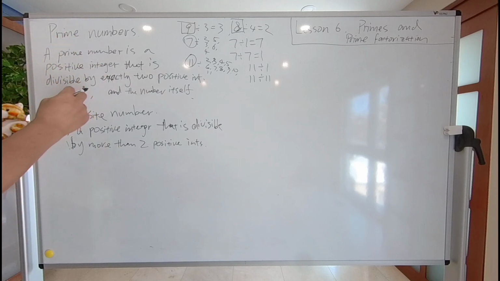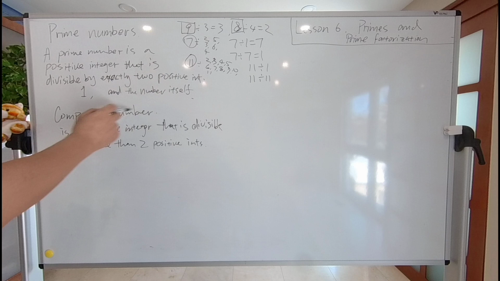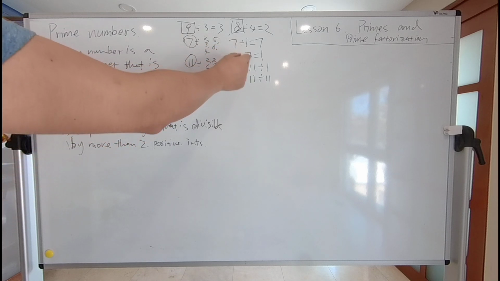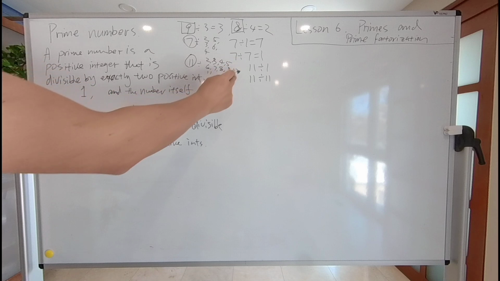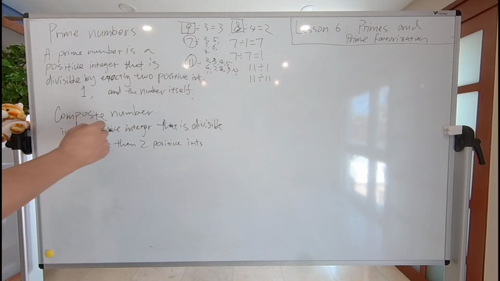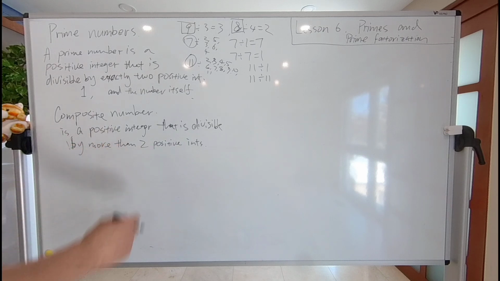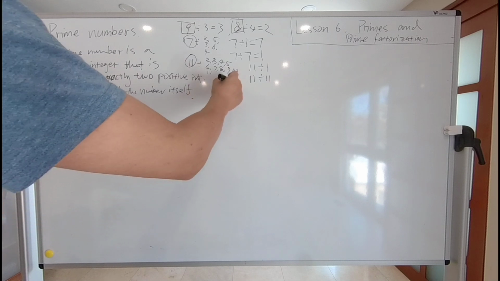A prime number can only be divisible by exactly two positive integers, which are the number 1 and the number itself, because any number can be divided by 1 and by itself. But a composite number can be further divisible by other integers, so you have more than two positive divisors.